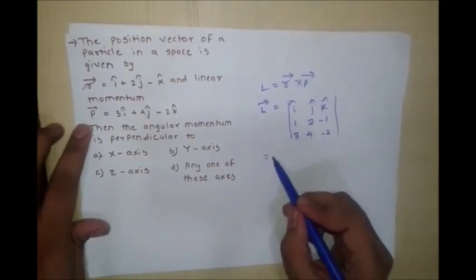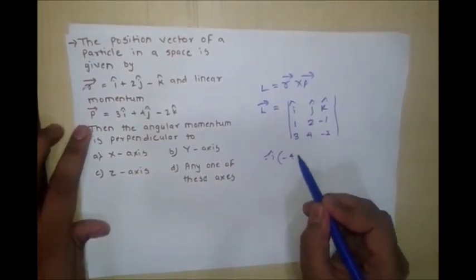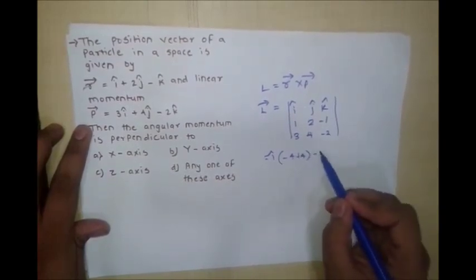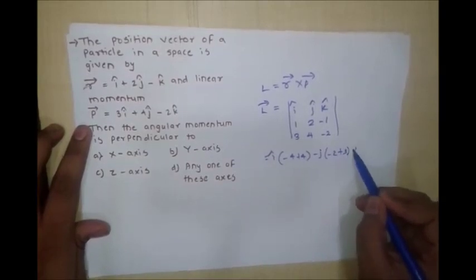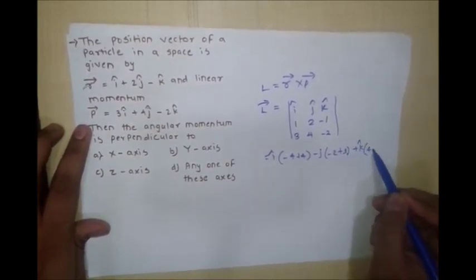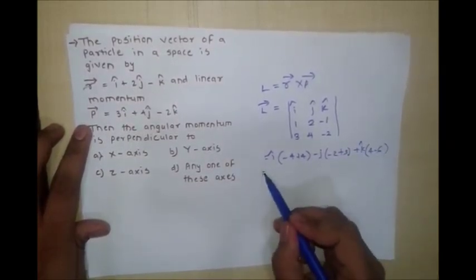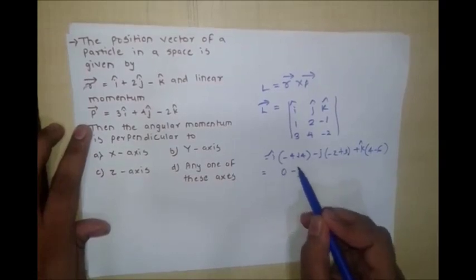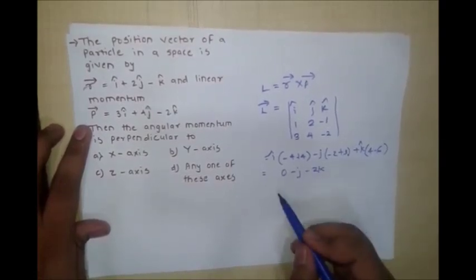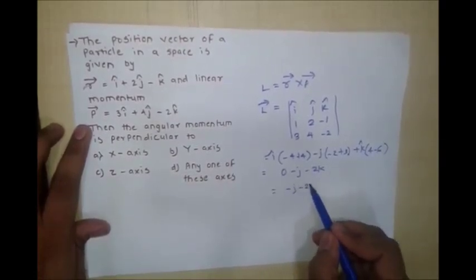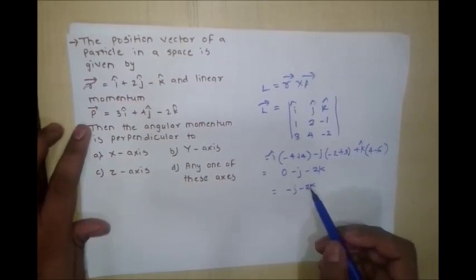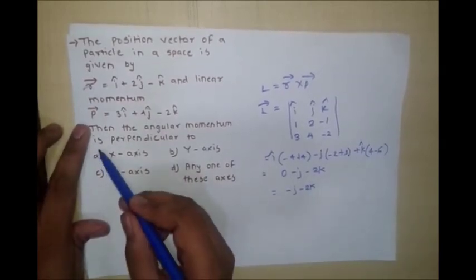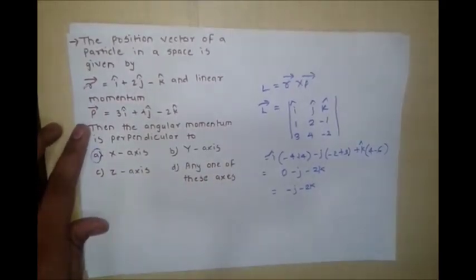On solving, what we get is i cap into minus 4 plus 4, minus j into minus 2 plus 3, plus k into 4 minus 6, which is equal to 0 minus j minus 2k, which is equal to minus j minus 2k. Since the angular momentum does not have an x component, it is perpendicular to the x axis. So option A, x axis, is the correct answer.